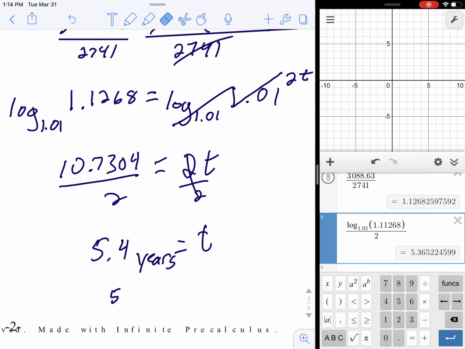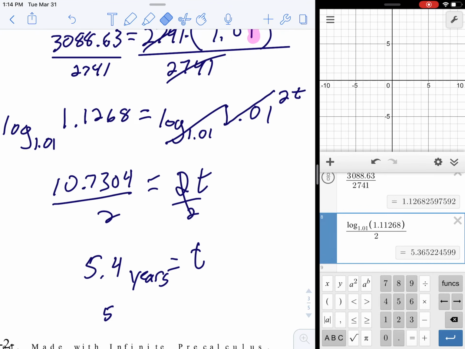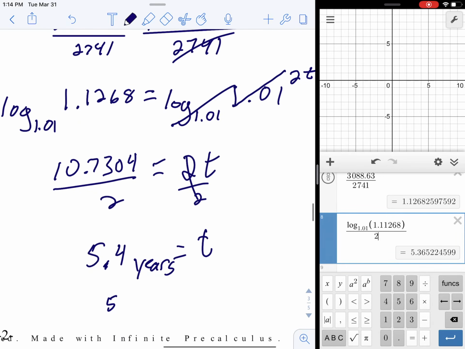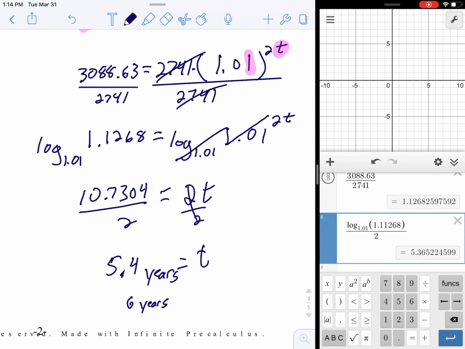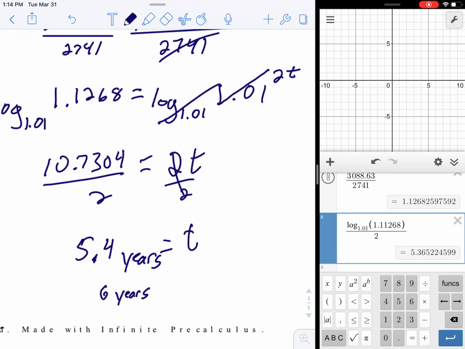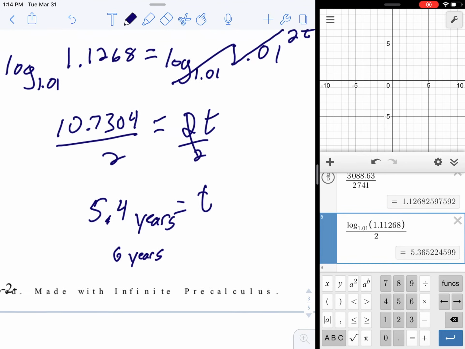It's not going to take 5 years. It's going to take more than 5 years. 0.4 years is a couple of months, so we could figure that as 5 years and some months. But it looks like they just rounded up to the nearest year, called it 6 years, because 5 years isn't enough time. 6 years is enough time, and it's at least a whole number.